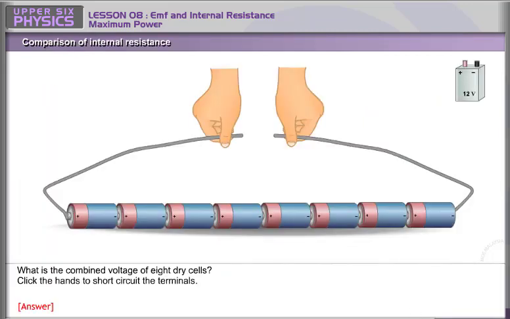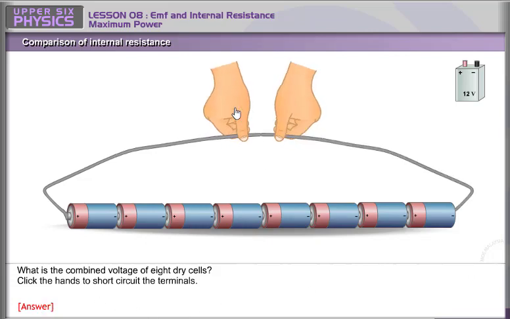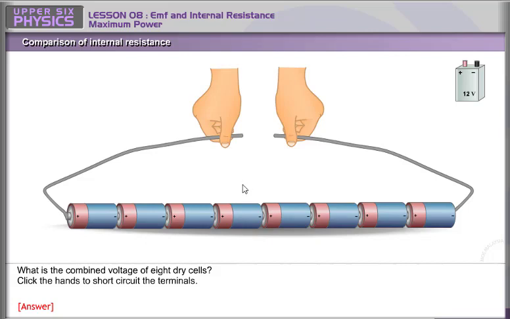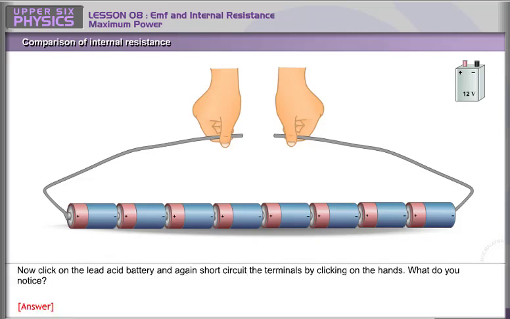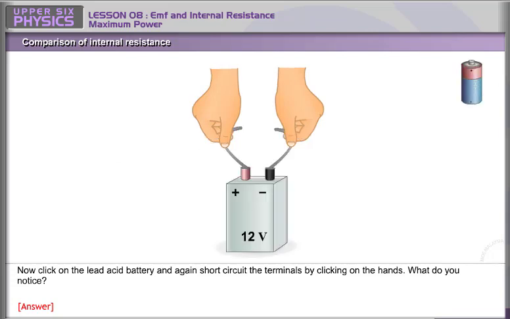What is the combined voltage of 8 dry cells? Click the hands to short circuit the terminals. Answer: 12 volts. Now click on the lead acid battery and again short circuit the terminals by clicking on the hands.